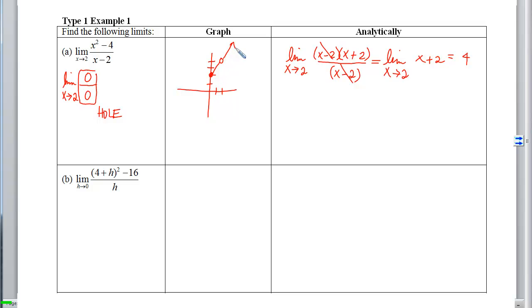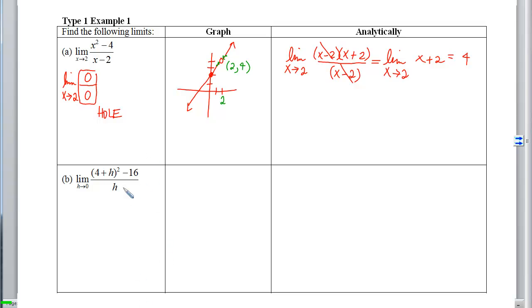So I can connect those together and end up with a graph where if I move from the left and right of 2 along the curve toward 2, I'm going to hit the limit of 4. Notice that the coordinates of the hole are the x value we were approaching in the limit, and the y-coordinate of that hole is the limit itself.